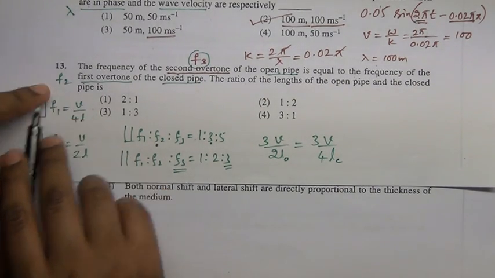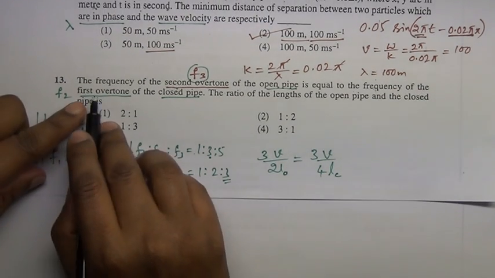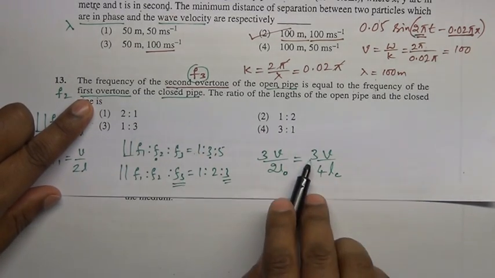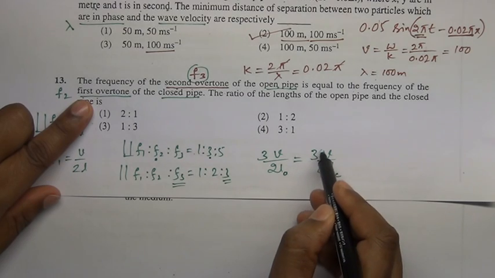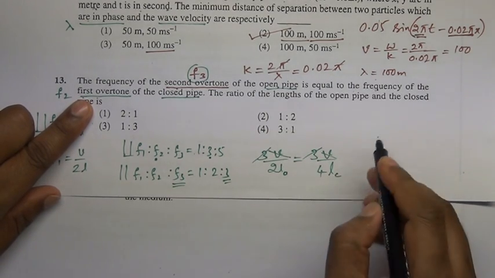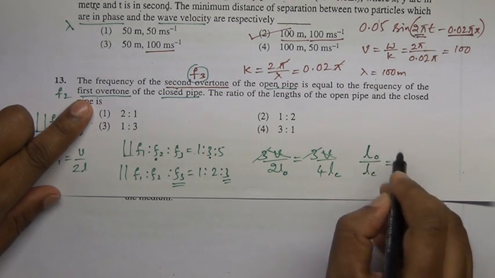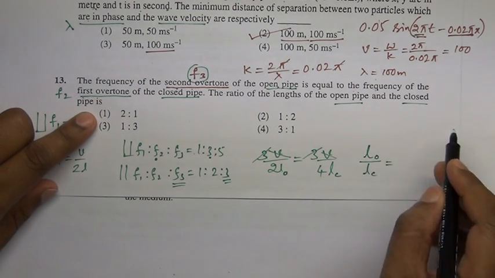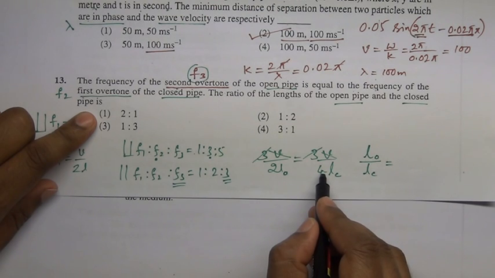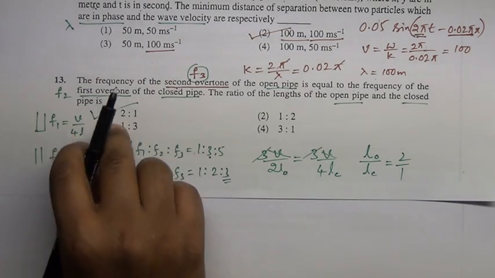F2 is the first overtone of closed pipe, which means 3 times. Fine. 3 cancels, V cancels. Therefore, length of open pipe to length of closed pipe is 2 is to 1. Answer is 2 is to 1.